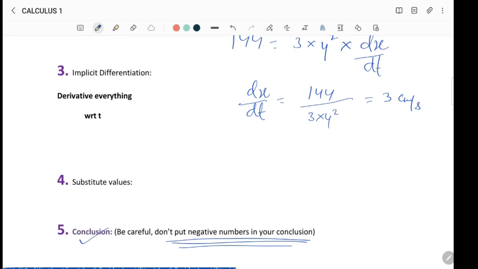If it is negative, we use the word decreasing. If it is positive, we use the word increasing. So here we got plus 3, so we write: side will be increasing with the rate of 3 centimeter per second. If it were minus 3, I would have written side will be decreasing with the rate of 3 centimeter per second. Okay, so this is important.